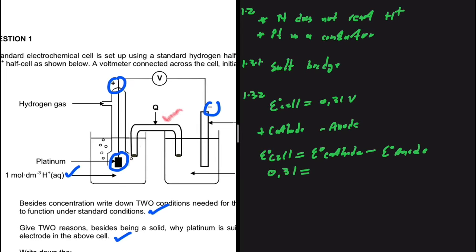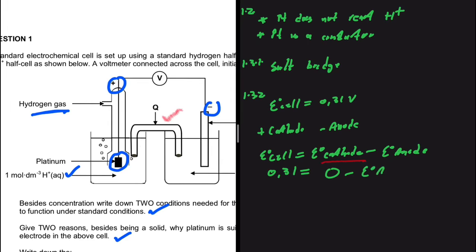The potential at the cathode is the potential of the hydrogen gas, as we can clearly see that it is at the positive terminal. So we're going to have 0. If you look at your table for standard reduction potentials, the potential of hydrogen gas is 0 minus the potential at the anode.